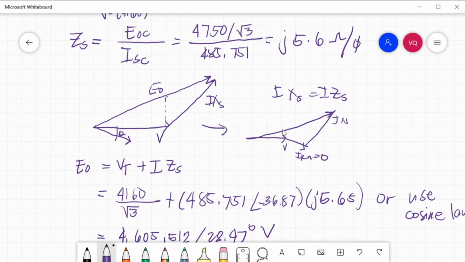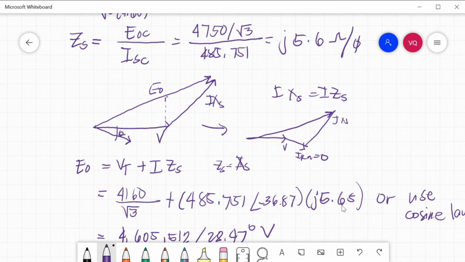The sum of the terminal voltage plus IXS will be your no-load voltage. The no-load voltage is equal to 4,160 divided by square root of 3 plus 485.751 at an angle of negative 36.87 degrees multiplied by Zs. Our Zs will be equal to jXS because RA is 0.